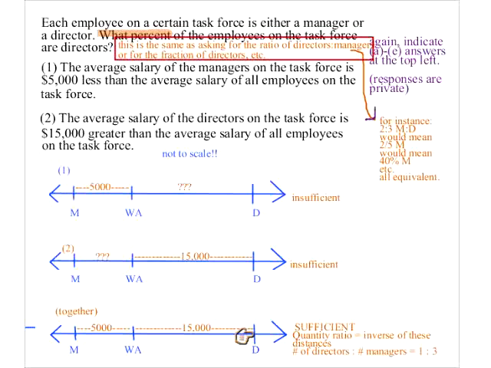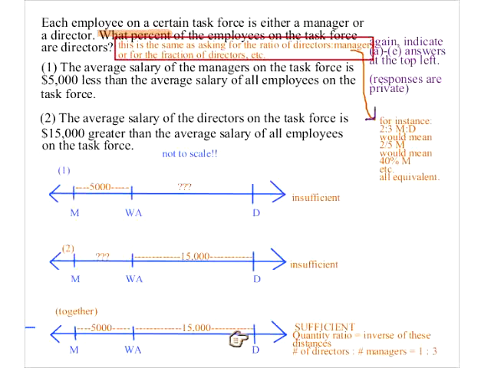If you had 100 managers and only 1 director, your average would basically be right here. If you had 100 directors and 1 manager, then your average would be basically right there.